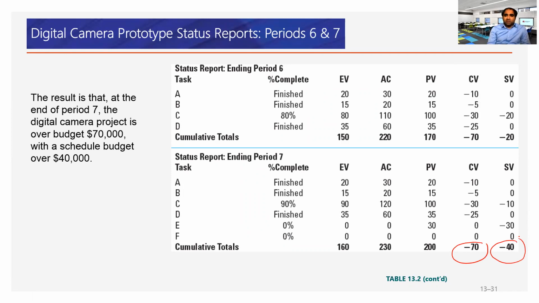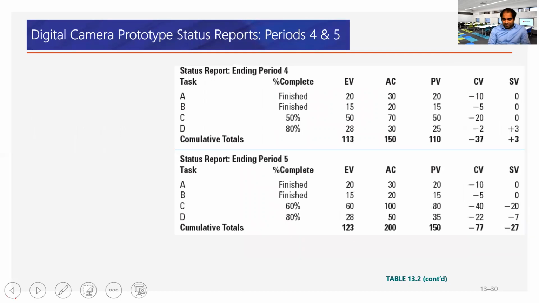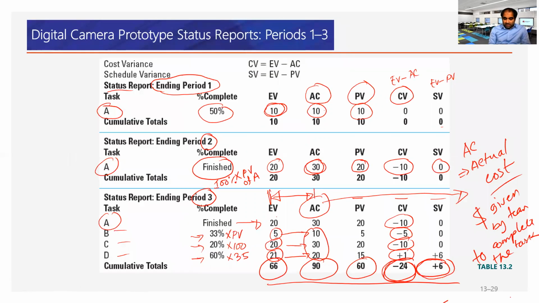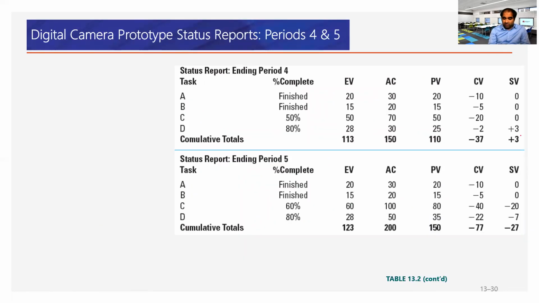The schedule variance was positive by end of period 3. As we proceed to period 5, this is the worst hit, -77, -27.